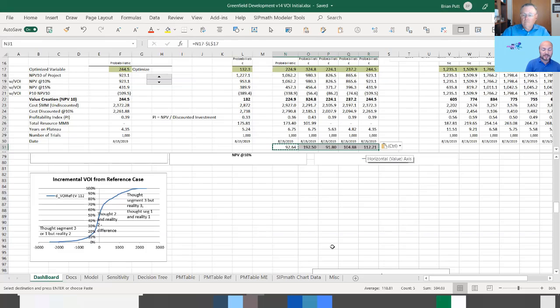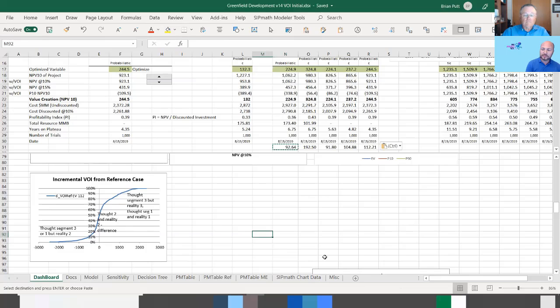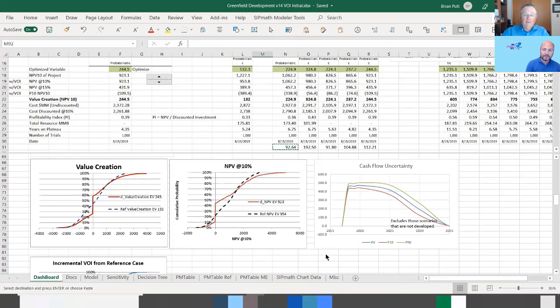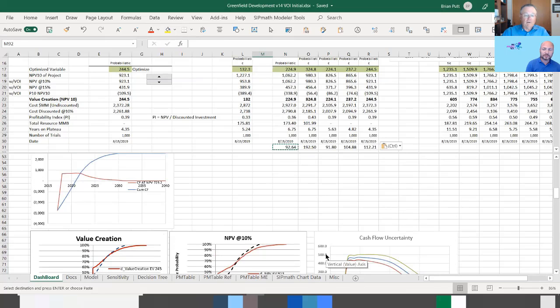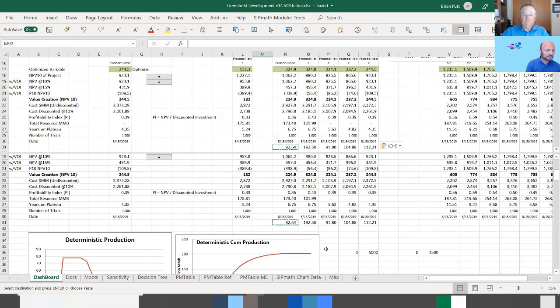Can we somehow make a connection to how much the company is willing to spend to get the extra information? Not from this maybe, but in general? Well, I think you can, because where's our investment efficiency chart? It's up here.